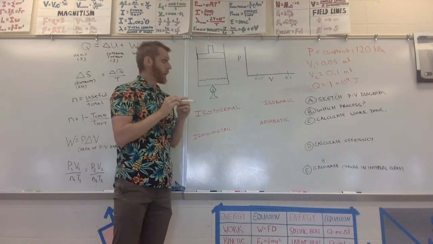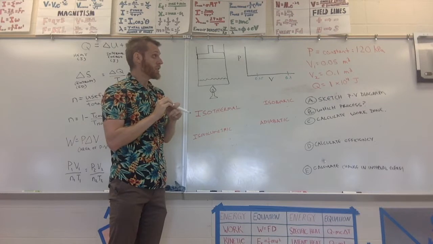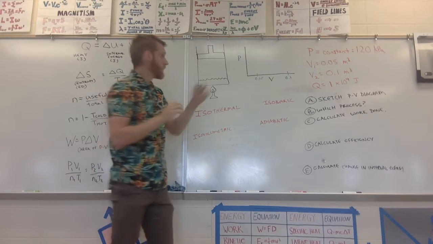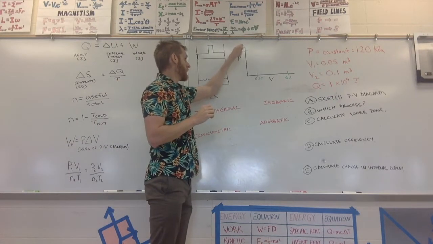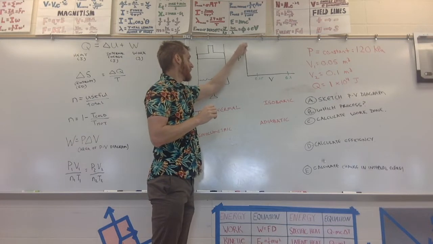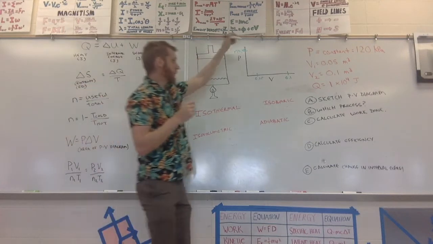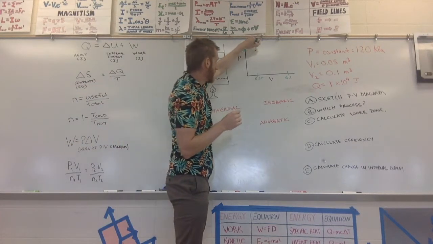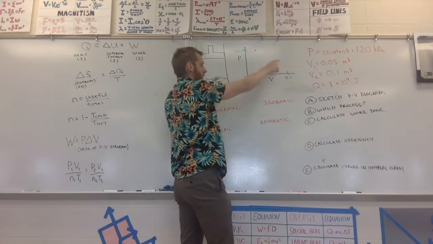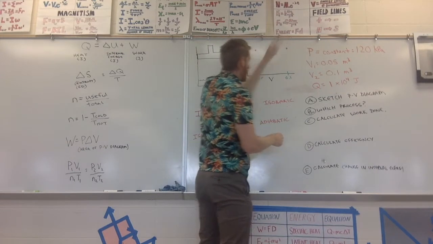Then, the pressure is 120,000. So we'll just put 120,000, because kilo is 1,000. It starts at 120,000 and 0.05, and it ends at 120,000 and 0.1.